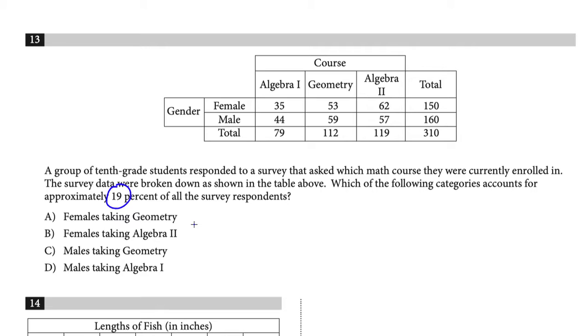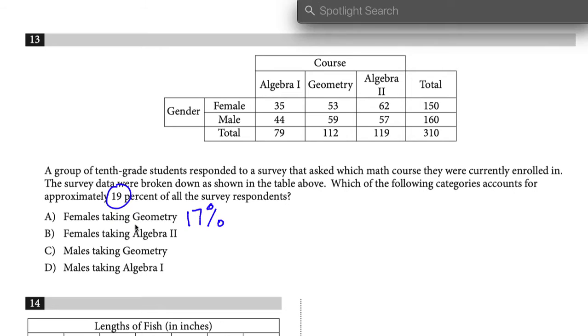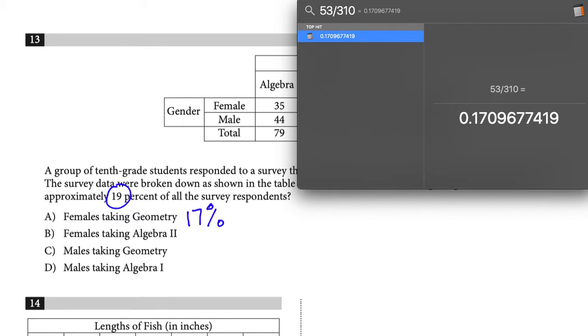No one has given me a percent yet. 17%. Thank you, Gunner. Give him XP. This one is 17%, because if I do 53 divided by 310, I get 0.17, which is 17%.